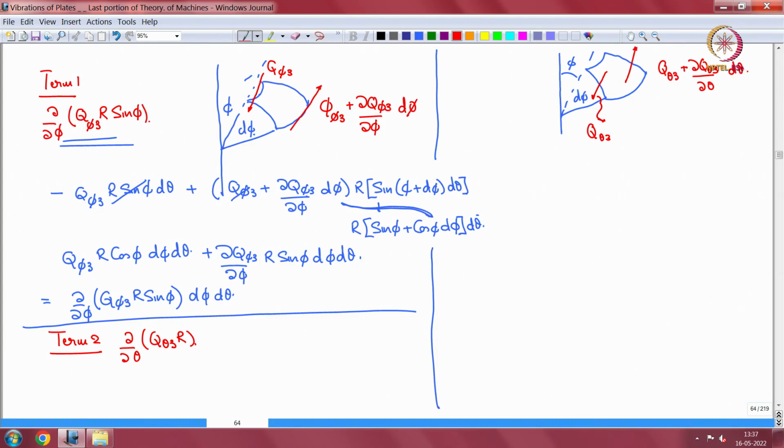Now this distance is approximately r sine phi d theta. We have done this before.